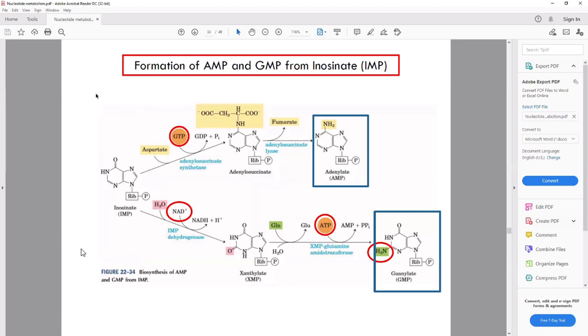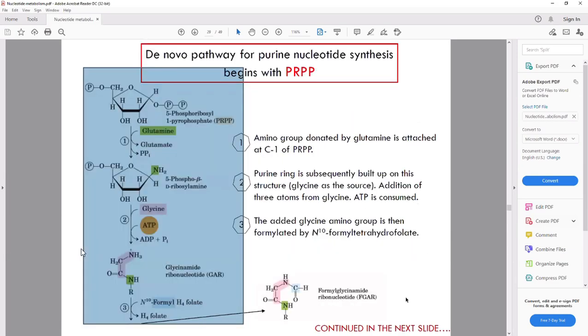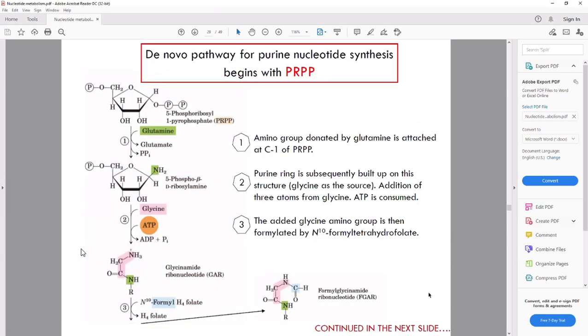From IMP it leads to the formation of AMP and also GMP. So you need to know that.